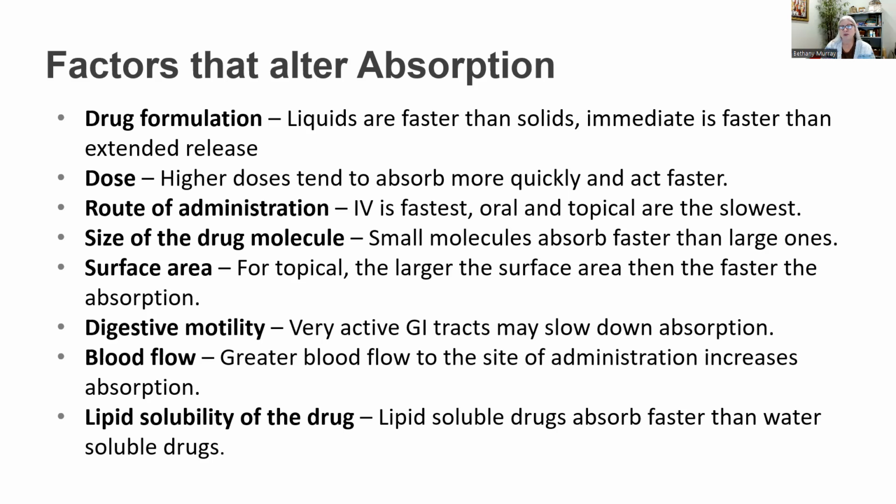Digestive motility can have an impact on absorption, as well as digestive pH or acid-base balance. Some drugs are more soluble in an acid environment, and some are more soluble in an alkaline environment. If you have a very active gastrointestinal tract, for example, people with irritable bowel syndrome that have a lot of diarrhea may absorb less medication because it passes through more quickly.